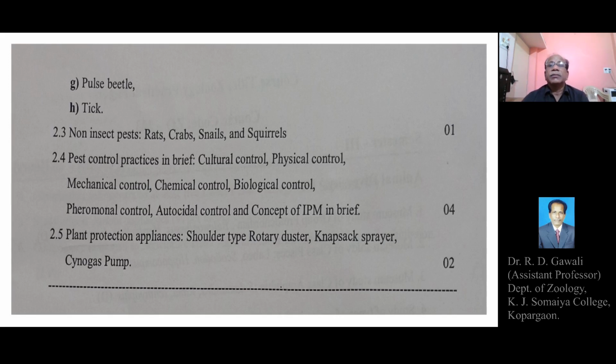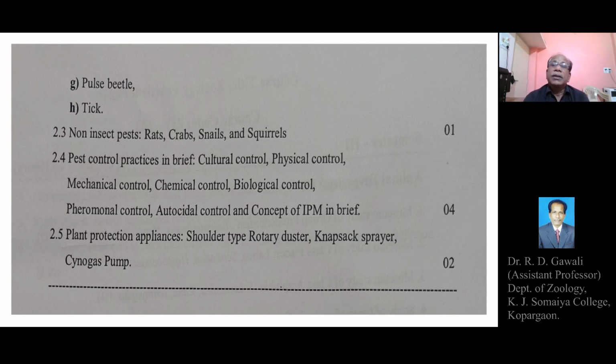So ticks are veterinary pests and affect the health of the animals.